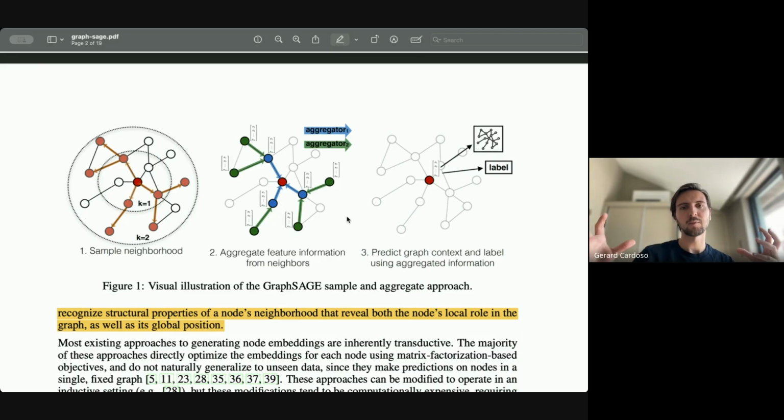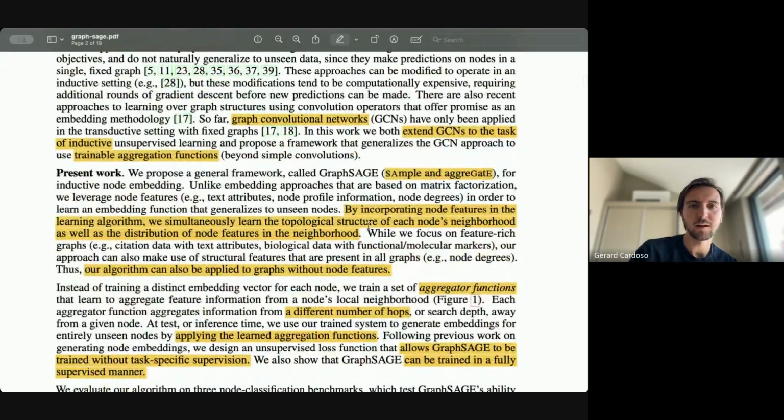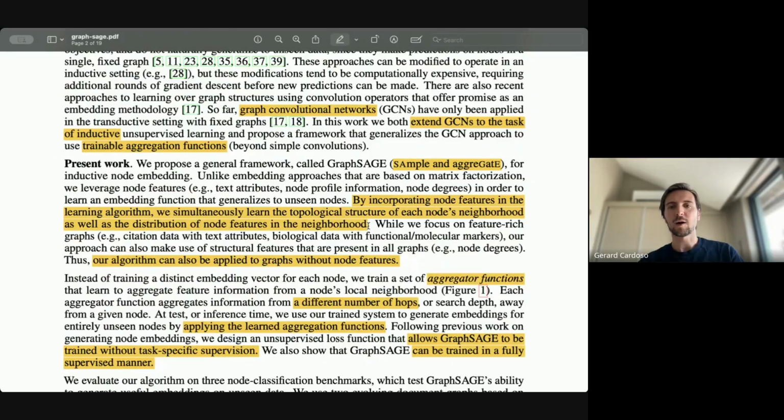It's taking in information from its closest neighbors to adapt the embeddings. And doing so is quite powerful because in sampling from the neighbors and then learning from the embeddings, you're also learning about the graph structure.